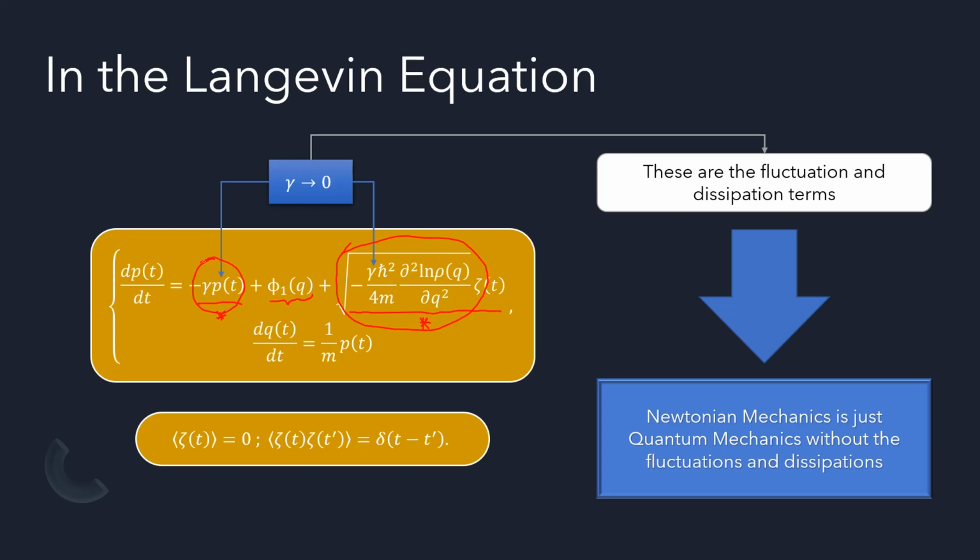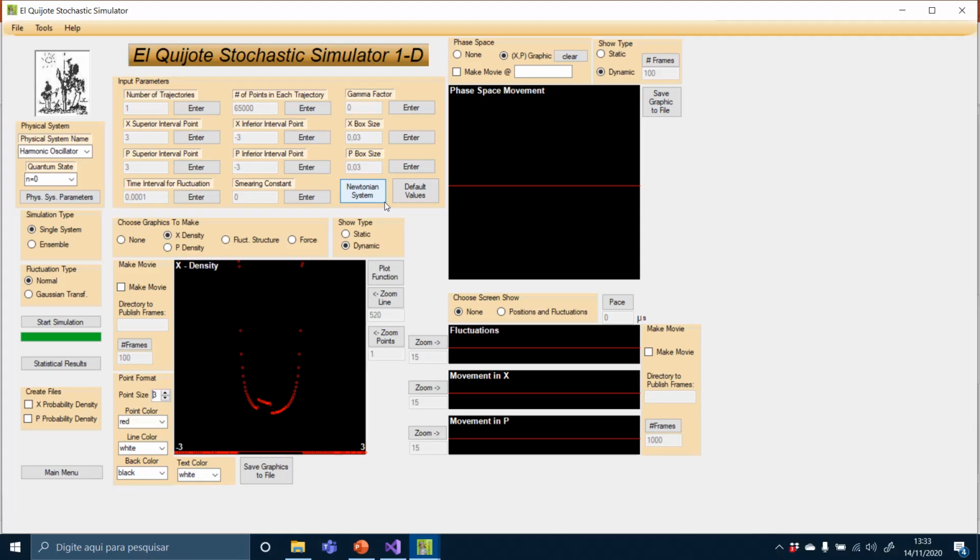Now we will show you by means of some simulations how we can pass continuously from Newtonian mechanics to quantum mechanics by just changing the value of this parameter gamma. Let's see how this can be done. We now have again our simulator, and we would like to make gamma equal to 0.